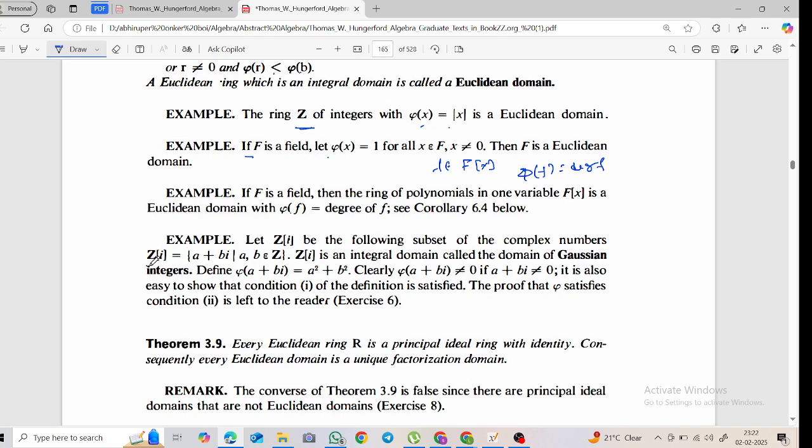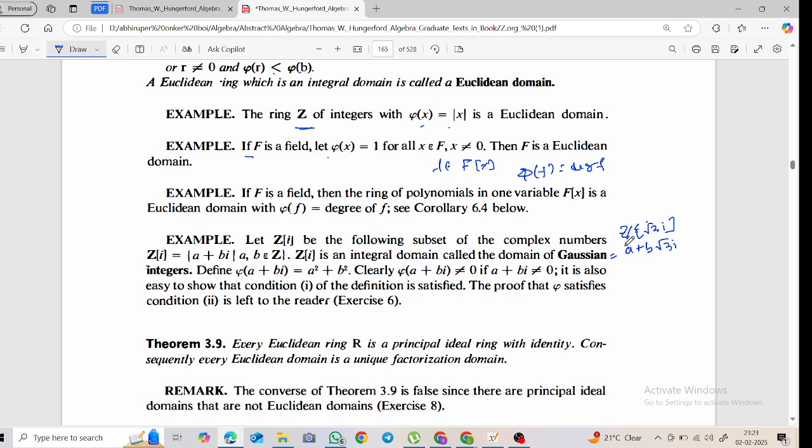This ring is called the ring of Gaussian integers, Z[i]. It is of the form a plus bi, where a and b belong to Z. This is also an integral domain. But soon we will show that rings with elements of the form a plus b root 3 i, called Z[root 3 i], are not Euclidean domains.